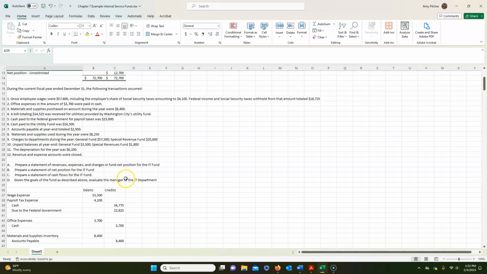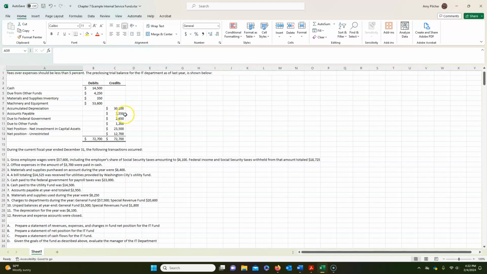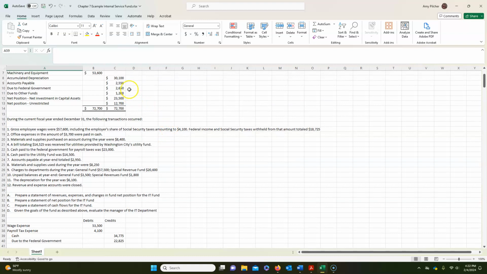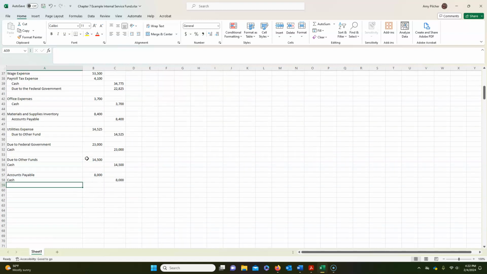Okay, so we had accounts payable of $2,550. We then recorded an additional accounts payable of $8,400. This tells us that at the end of the year, we have accounts payable of $2,950. So if we take $2,550 plus $8,400 minus $2,950, it would show that we paid $8,000 in accounts payable.